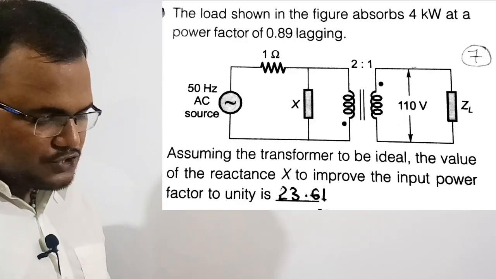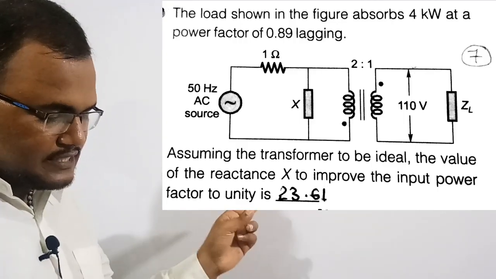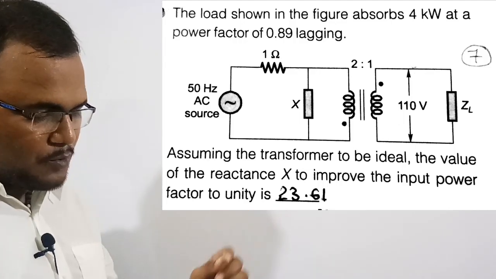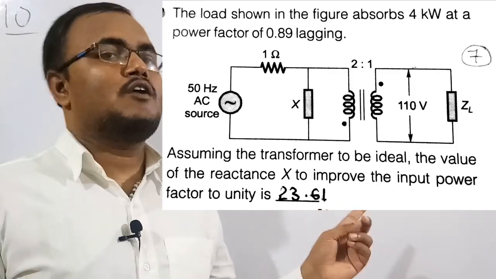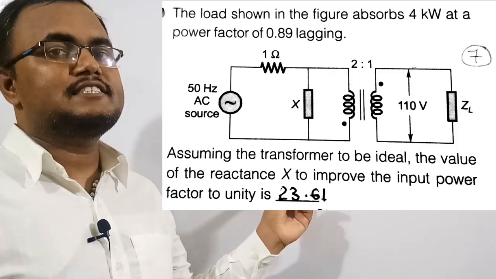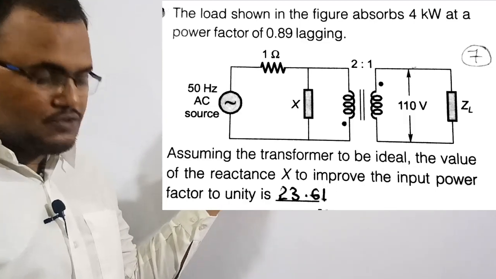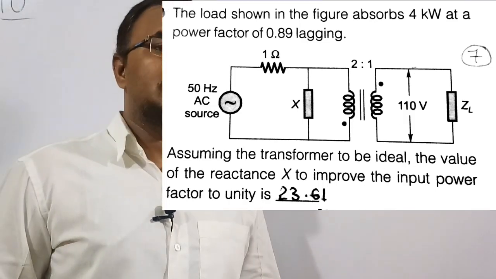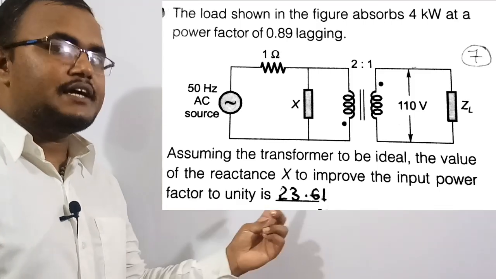Now assuming the transformer to be ideal, we need to find the value of the reactance X to improve the input power factor to unity. The input power factor will be unity when the supply voltage and the supply current are in phase.